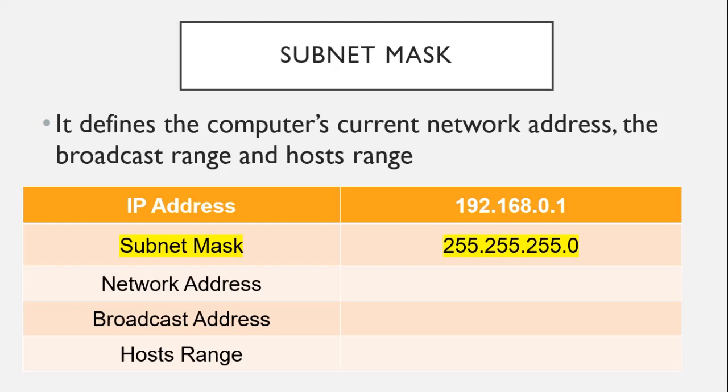In this case, 192 corresponds to 255, so you copy that IP address digit. Next, 168 corresponds to 255, so again you copy that digit. For the third IP address digit, the corresponding subnet mask is 255, so we copy that digit. Lastly, when the subnet mask corresponding to the IP address digit is 0, it becomes 0 in the network address.